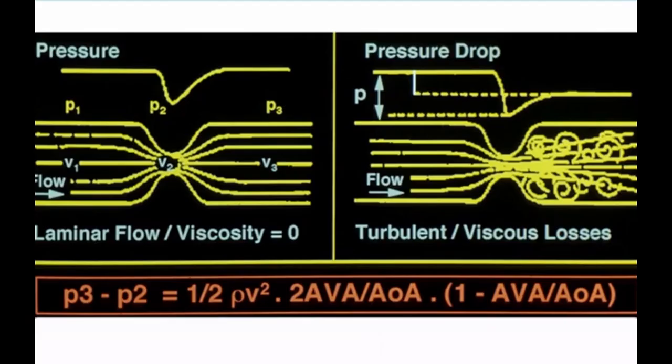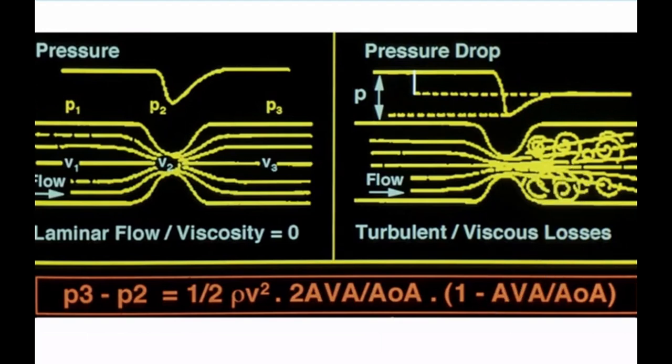Another thing to consider is the phenomenon of pressure recovery. This image shows you the physics underlying this pressure recovery phenomenon. What happens actually is that after the stenosis you will have a pressure drop due to turbulences over the stenosis and energy loss.